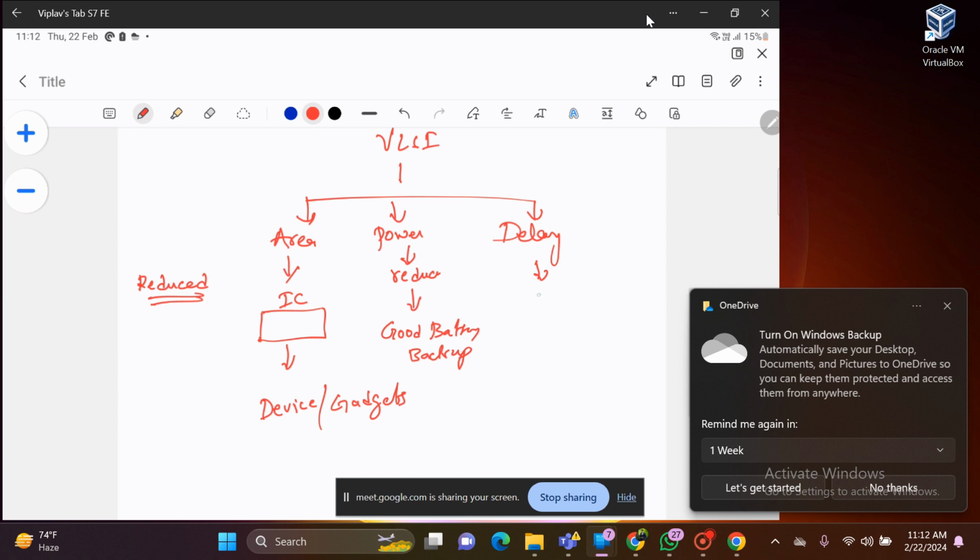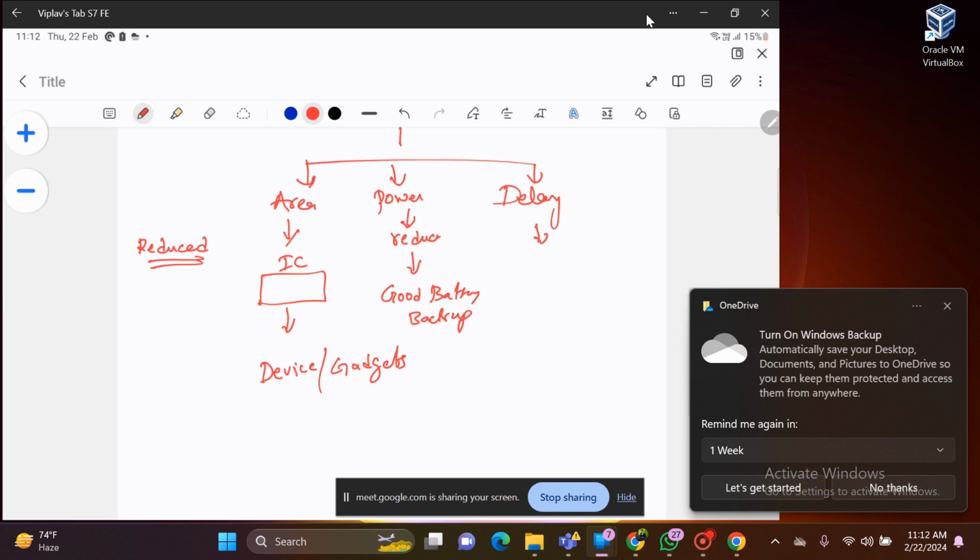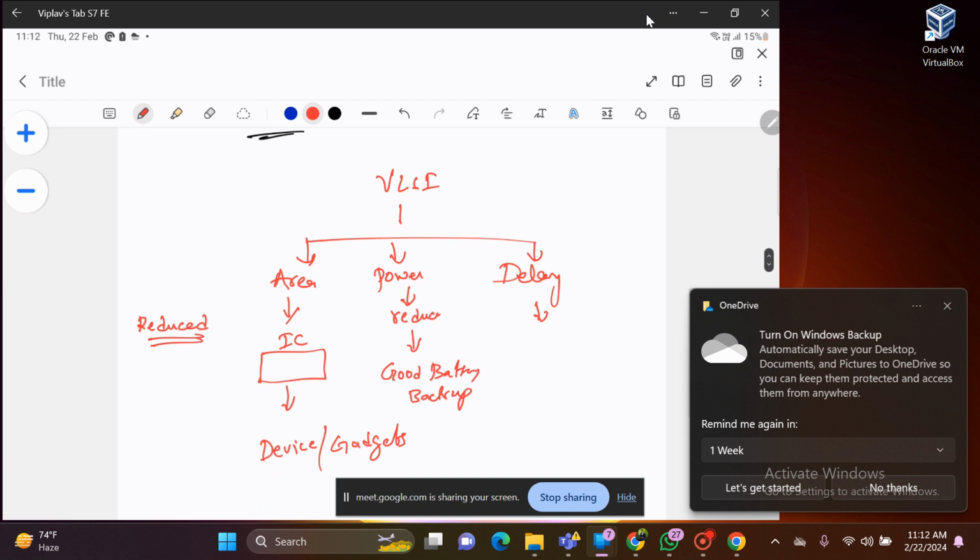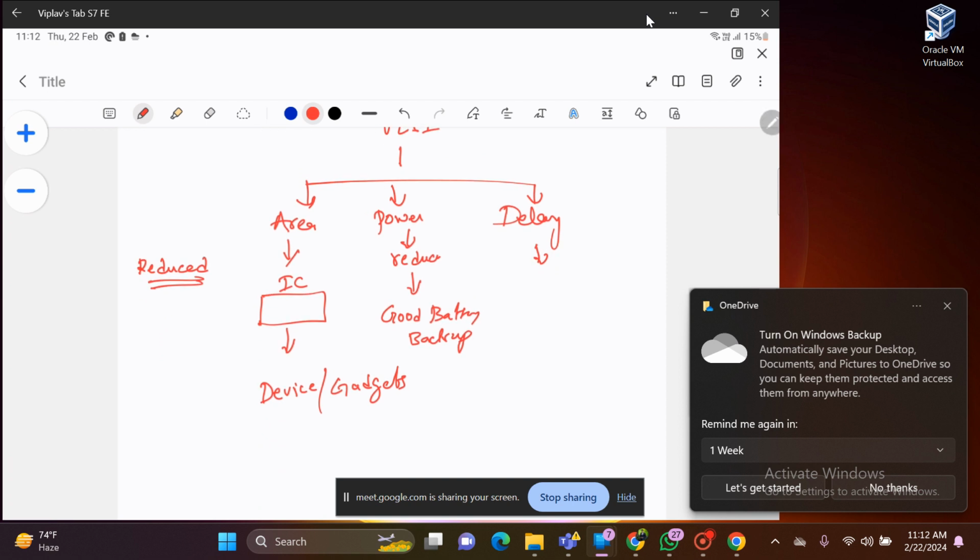If all these three factors are reduced, then only we can make a perfect IC. The opposite of delay is sometimes called speed efficient.